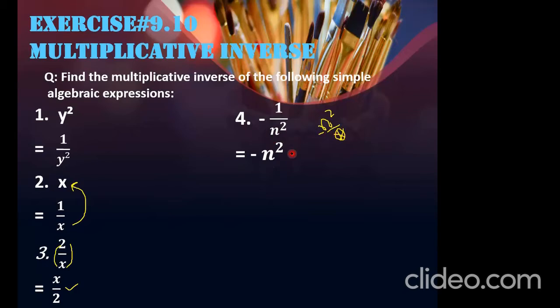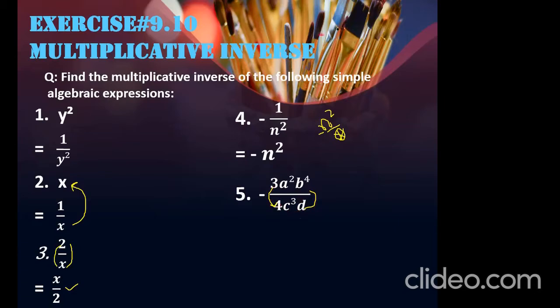Okay, next one is this one, again with the sign of minus, which is 3a square b divided by 4c cubed d. You have to write down the multiplicative inverse, means the inverse of this one. Again, your denominator will become the numerator and the numerator will become the denominator, but the sign will remain the same.